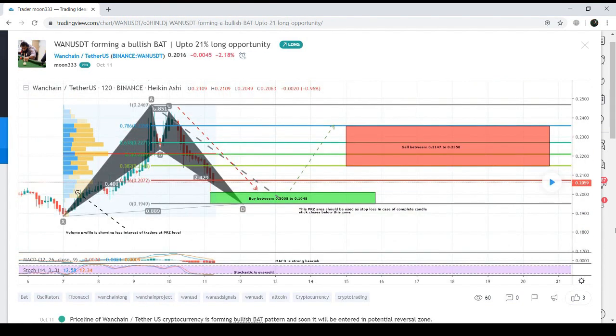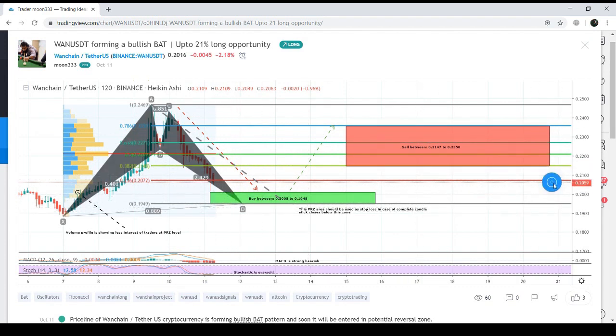Then I shared this chart of $1 with you, and on this chart the price action retraced the A to B leg between 0.382 to 50 Fibonacci, and B to C was retraced between 0.382 to 0.886 Fibonacci as required for the bat pattern. Therefore, I predicted that the last leg will be completed as required for the bat pattern.